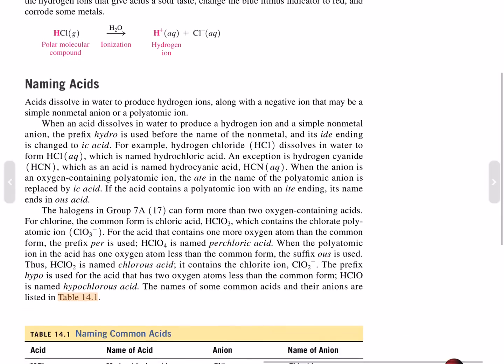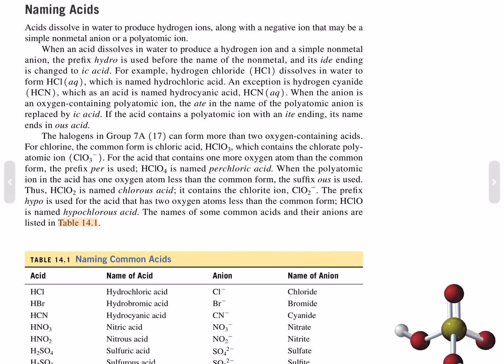Naming acids. Acids dissolve in water to produce hydrogen ions, along with a negative ion that may be a simple nonmetal ion or a polyatomic ion. When an acid dissolves in water to produce a hydrogen ion and a simple nonmetal anion, the prefix hydro is used before the name of the nonmetal, and its "ide" ending is changed to "ic" acid.